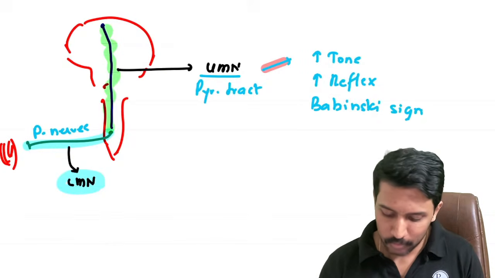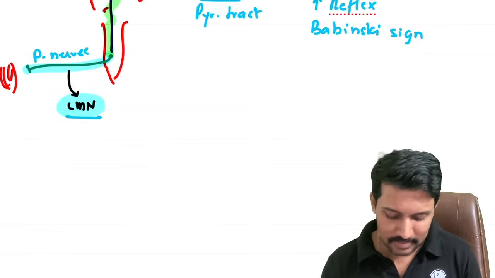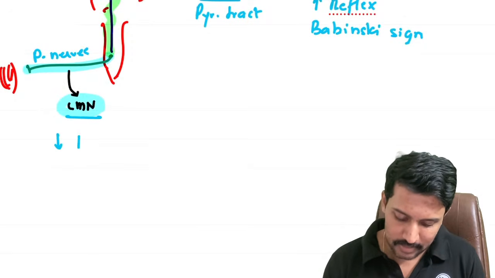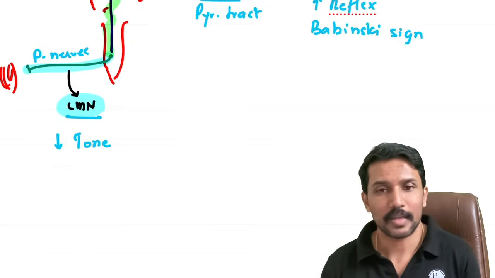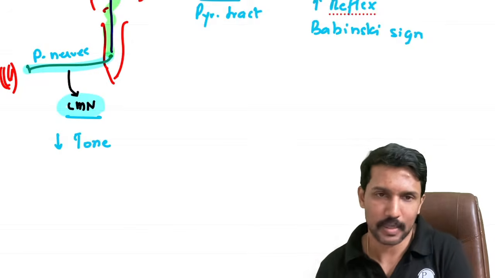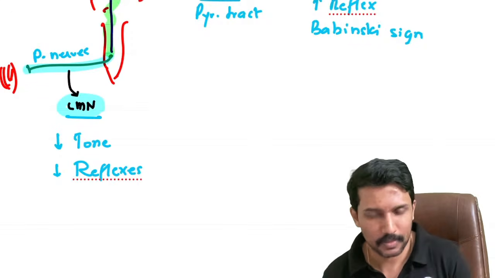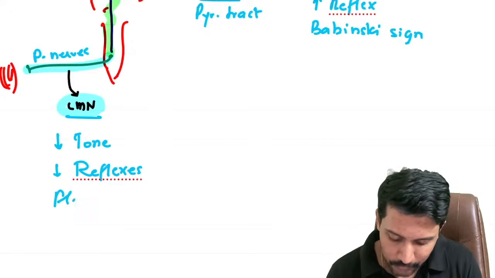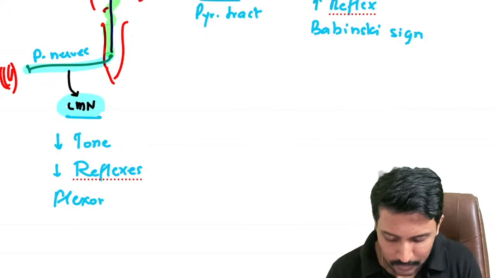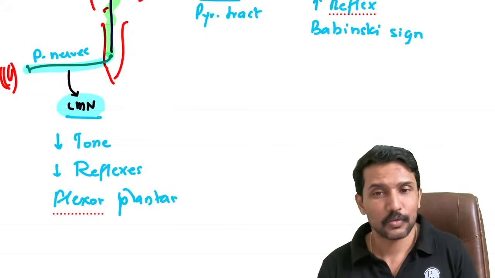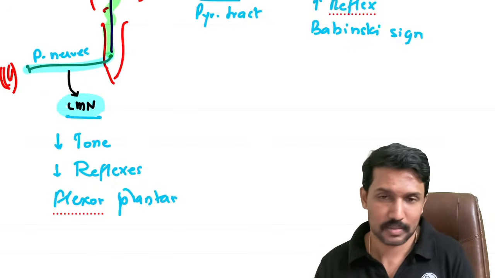And when the lower motor neuron is damaged, you will have the opposite: decrease in muscle tone, that is hypotonia or flaccidity, decrease in reflexes or hyporeflexia, or maybe absent, areflexia, and a flexor plantar response, not a positive Babinski.